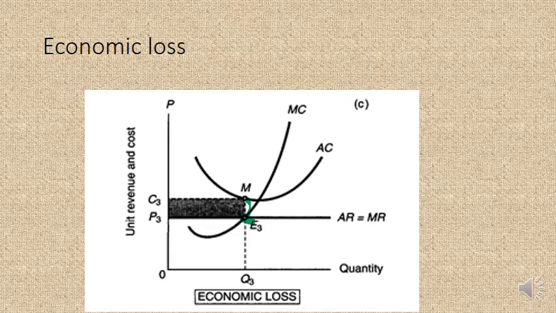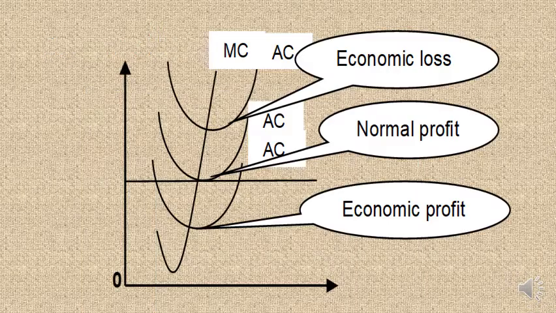What I want you to do today is to draw out these three graphs that I've shown you: economic profit, normal profit, economic loss. So draw them out and do the calculations, and next to the graph, name the total revenue area, the total cost area, as well as the total profit area. So here is on one graph.